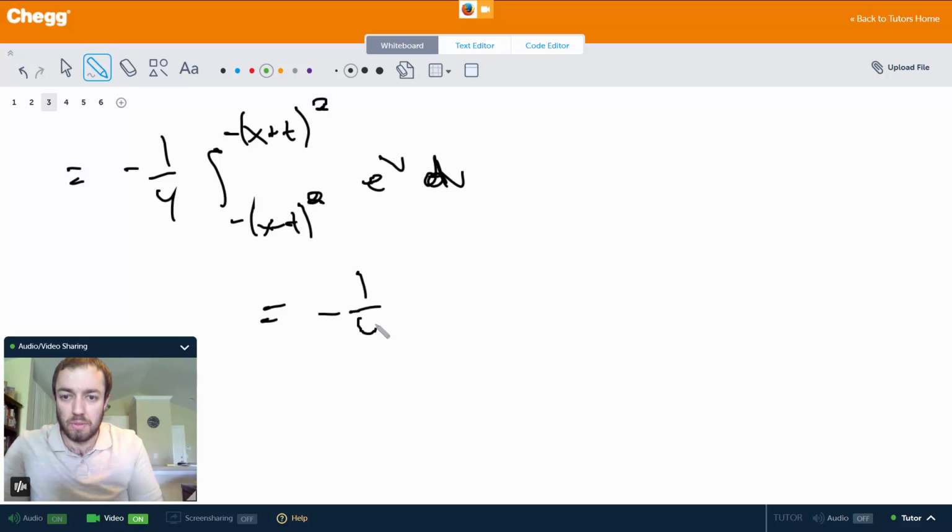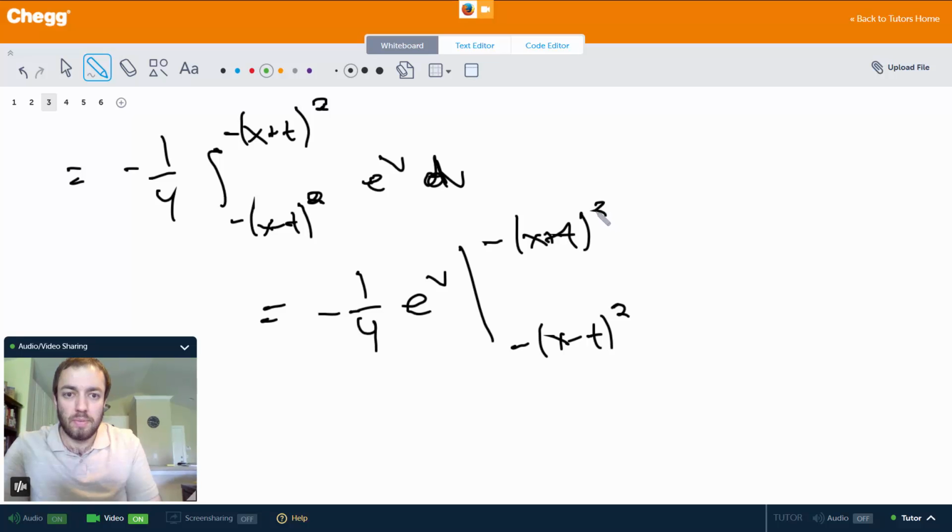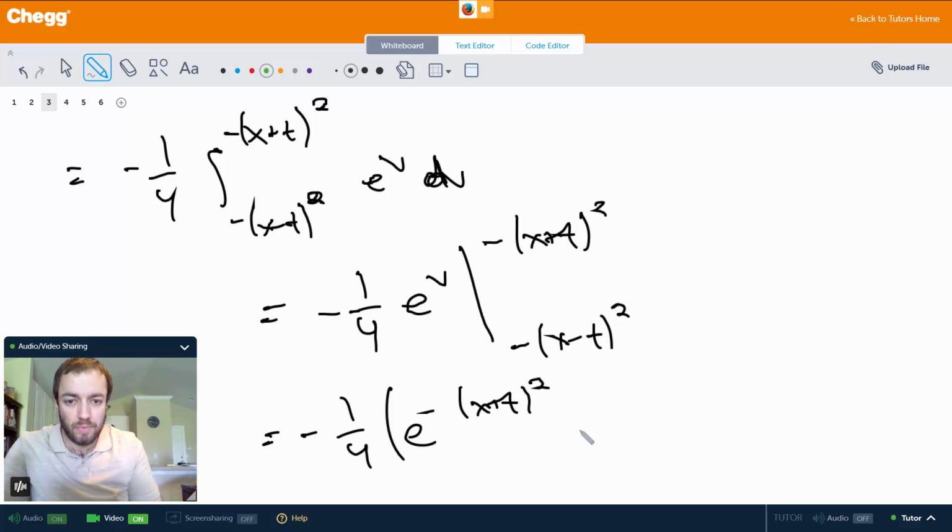So we have negative 1/4 times e to the v, where v goes from negative x minus t squared to negative x plus t squared. Okay, so this is negative 1/4 times e to the negative x plus t squared minus e to the negative x minus t squared. And that's actually pretty much it.